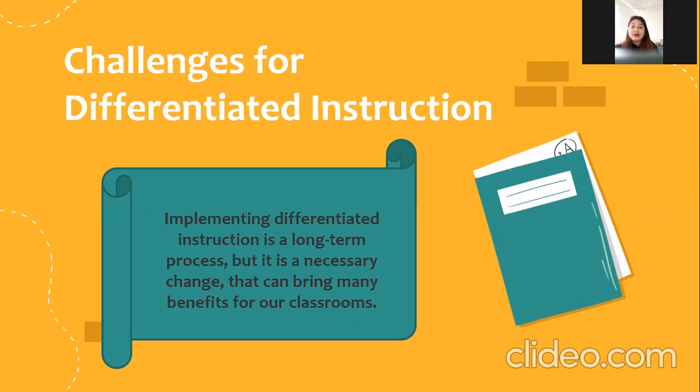Another factor that affects differentiated instruction is that some parents or tutors may think that it is unfair that not all the students learn the same thing the same way. They believe that the teacher is benefiting some students. For these reasons, implementing differentiated instruction is a long-term process, but it is a necessary change that can bring many benefits for our classrooms.